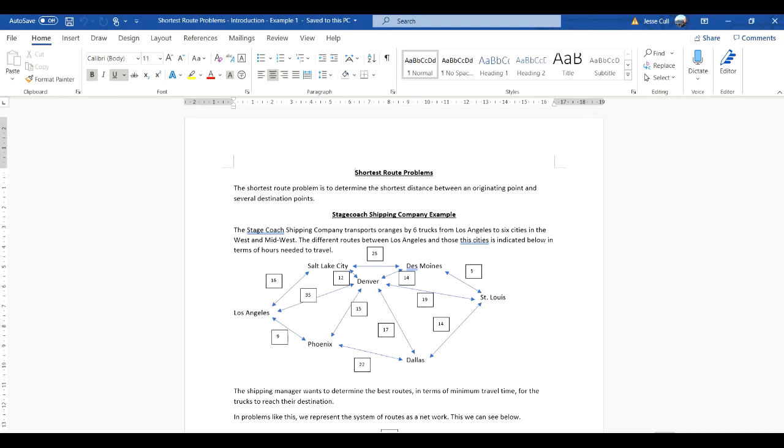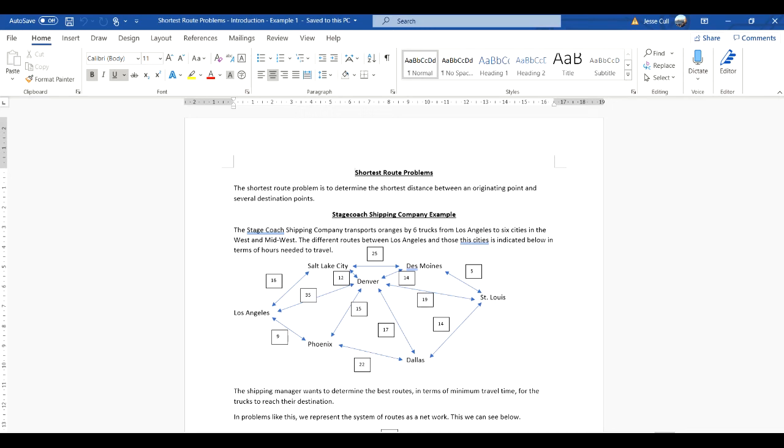So, just to make it clear, let's look at the first example. This is the Stagecoach Shipping Company example. The Stagecoach Shipping Company transports oranges by 6 trucks from Los Angeles to 6 cities in the West and Midwest.